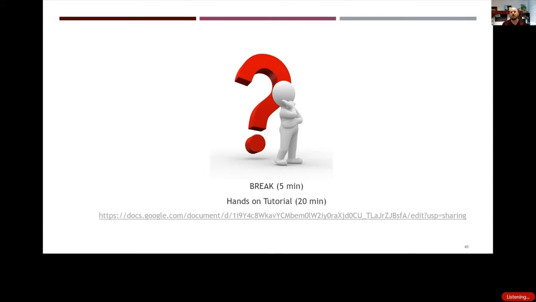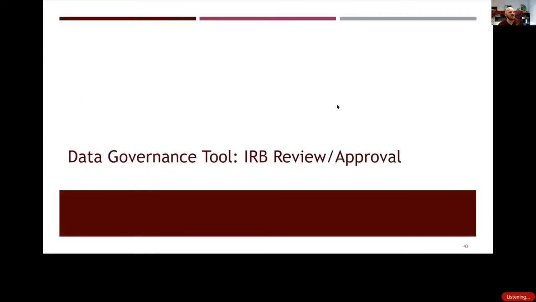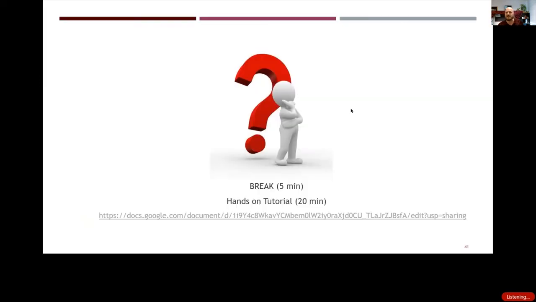That's a little general. Let me try to find some specific information and see if I can answer that more specifically. I don't immediately have the full recall of all of those things off the top of my head. But let me try to answer that by the time we get back from break.